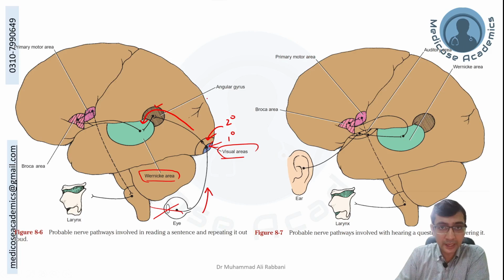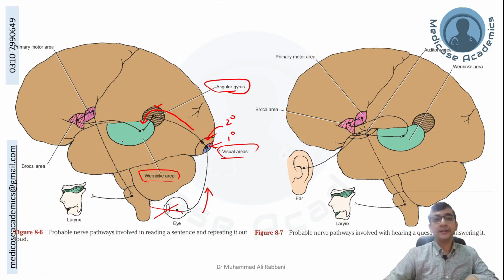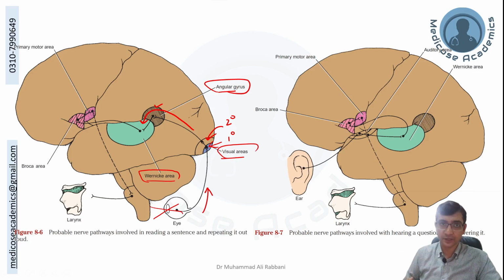It passes through the angular gyrus that becomes very important in the lesions, I will tell you. And after passing through that, that is the area which is now responsible for deciphering it. It will say that the probable nerve pathway involved in reading. So I'm making sense of what I'm reading, this is through the Wernicke's area.